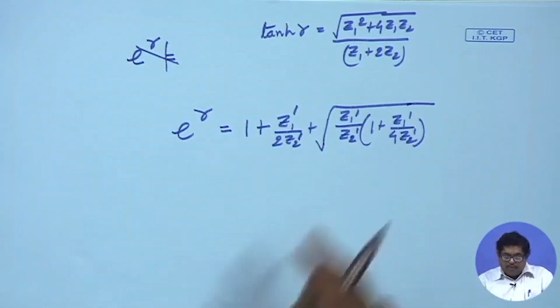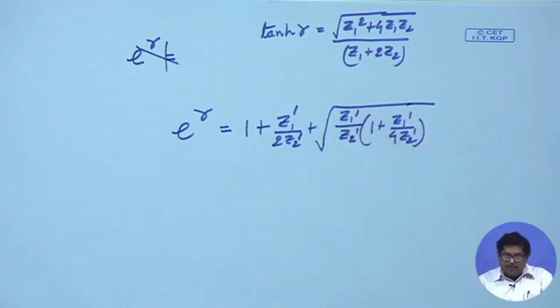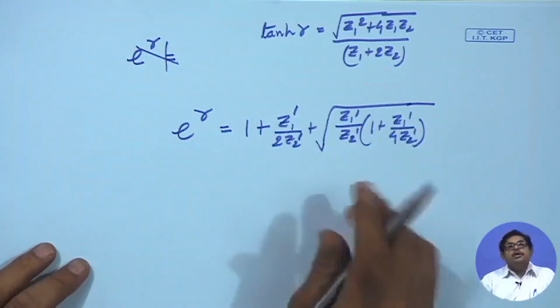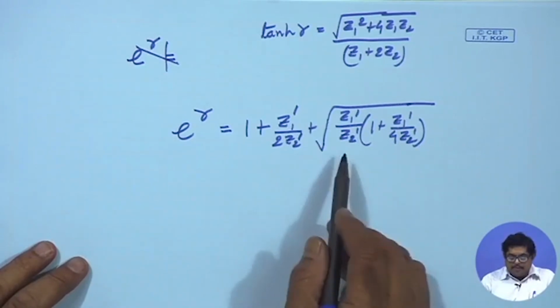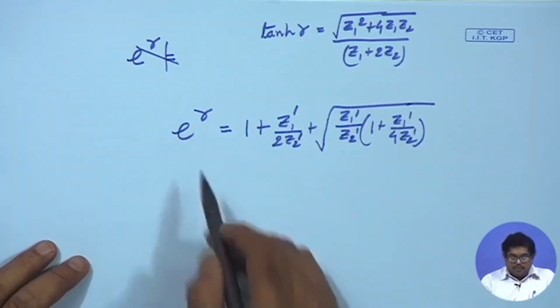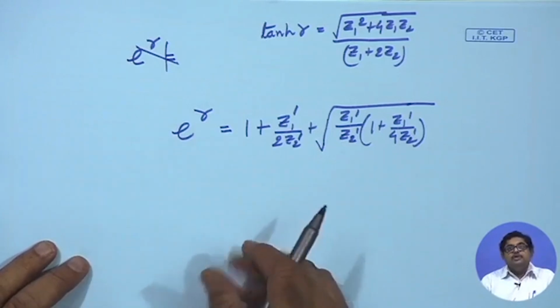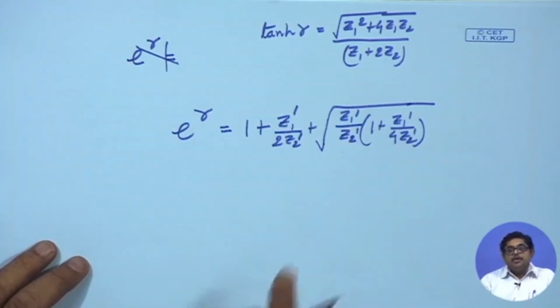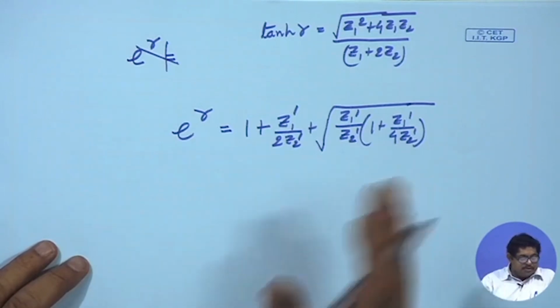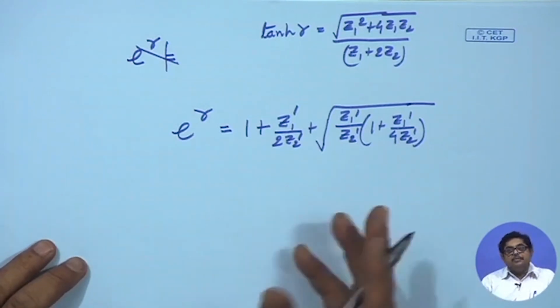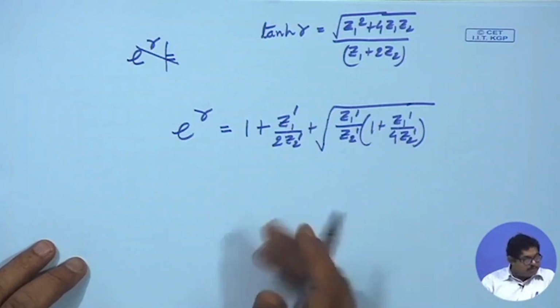Now, from this, since we know the values of Z1 and Z2 dash, we can find out for a particular type, low pass or high pass, what happens to gamma, and once we have this expression for gamma, we can enforce the stop band and pass band specifications, and from that we can find out what the stop band, pass band, etc. are.